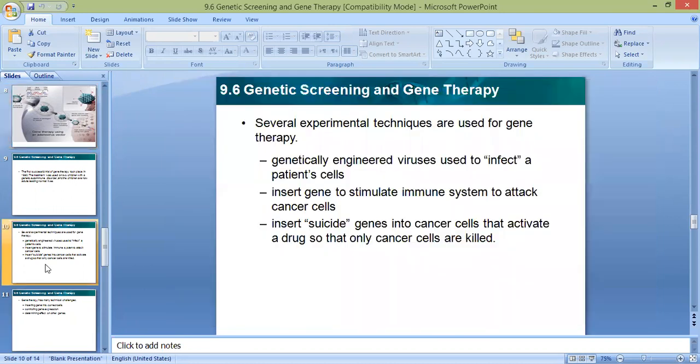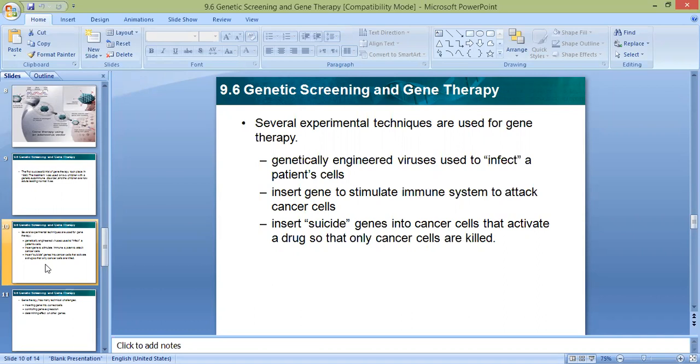That is the first way. The second way, sometimes they insert a gene to stimulate the immune system to attack cancer cells. Sometimes they do it differently: they put in a gene responsible for stimulating the immune system, to attack cancer cells. Another technique is to insert suicide genes, as they call them, into cancer cells. These activate a drug so that only cancer cells are killed. Did you get it? They insert a gene responsible for killing the cancer cells.